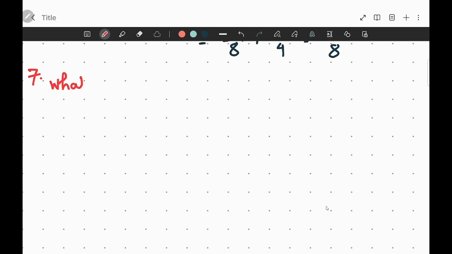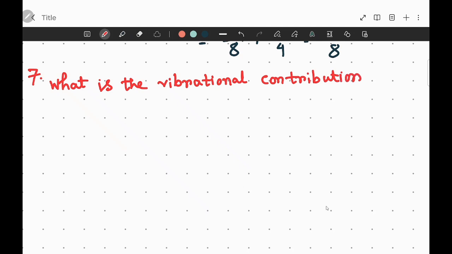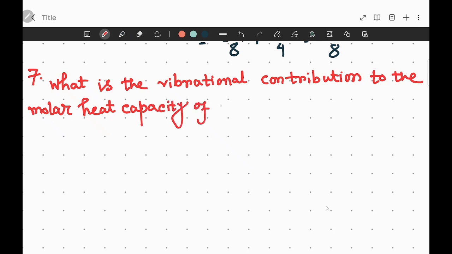What is the vibrational contribution to the molar heat capacity of N2 gas at 1000 Kelvin?